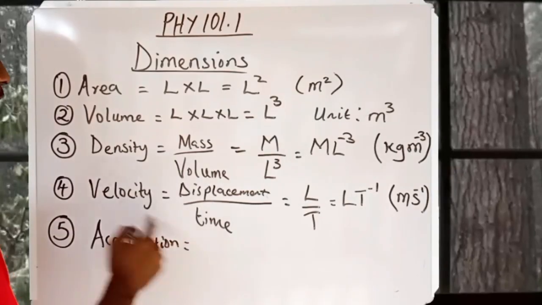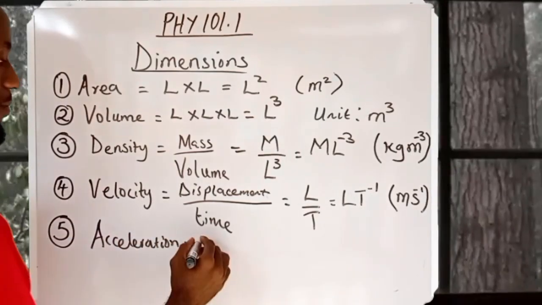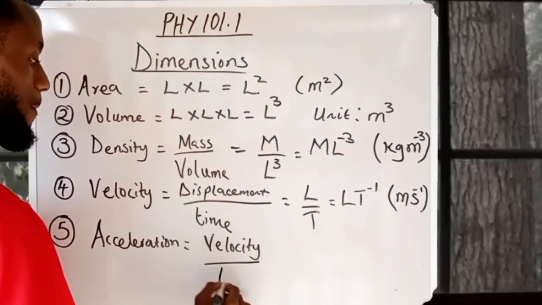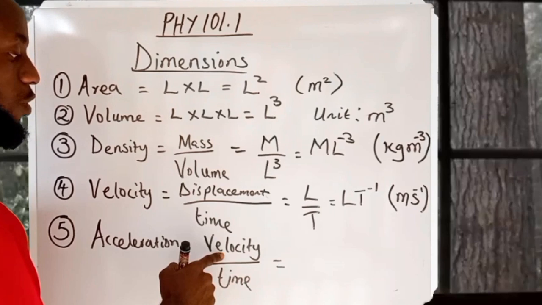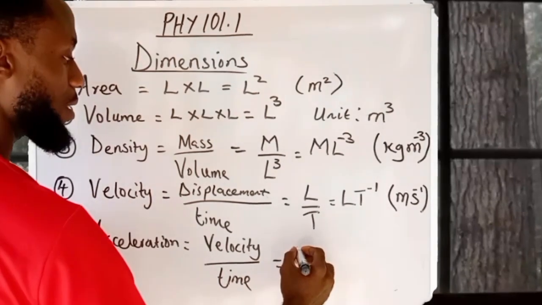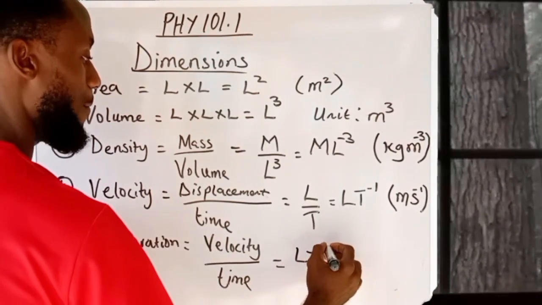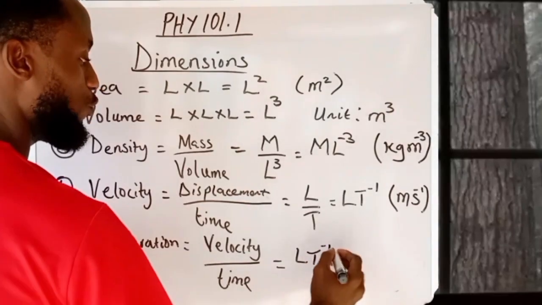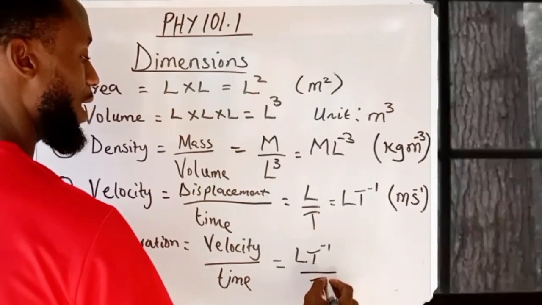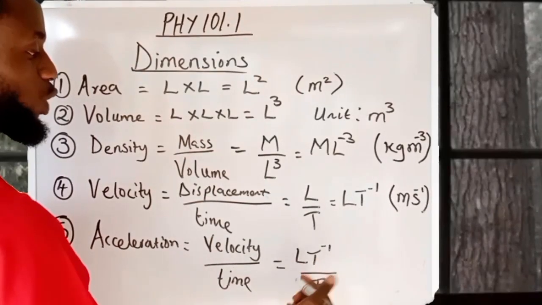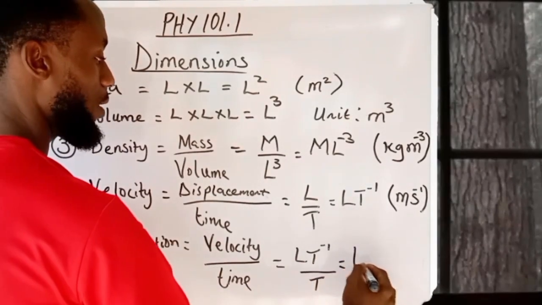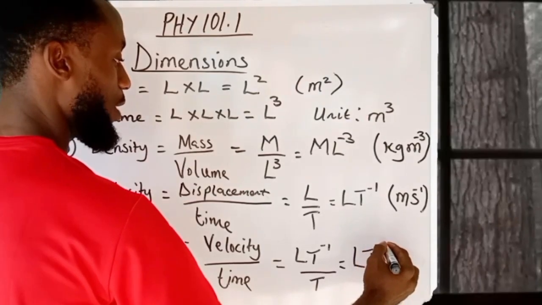Acceleration is velocity over time. So what does that give us? We have already solved velocity as L T minus 1. So if we use this to divide time, the law of indices says when the base is the same, we subtract their power. So this will become L, the original T minus 1.